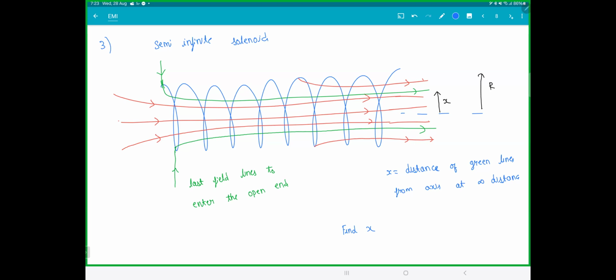We have two answers, right? Isha and Lakshika, both of you got it. Anyone else?